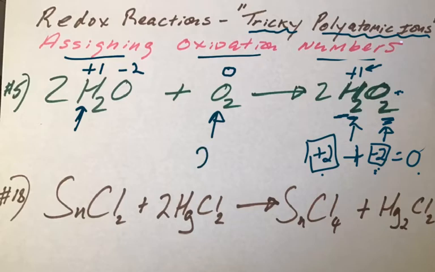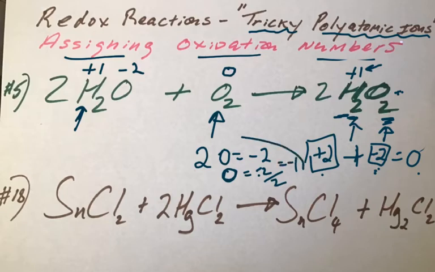If 2 oxygens equal -2, the value for 1 oxygen must be -2 divided by 2, which equals -1. So here we see that oxygen has a -1 oxidation state.